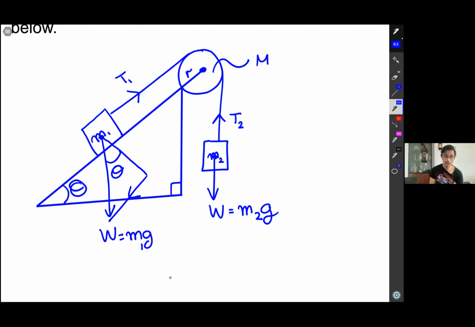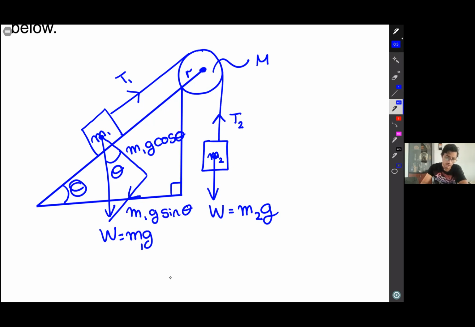The one perpendicular to the incline will be M1G cosine theta. Now, acting parallel to the incline, which is the component that we actually are concerned with, is M1G sine theta.